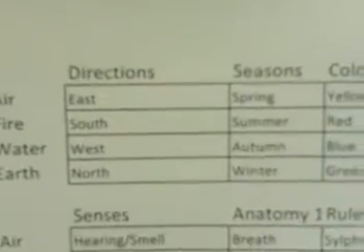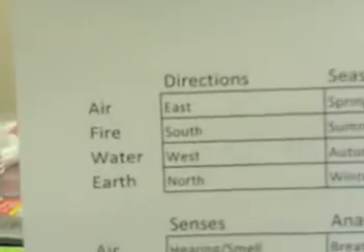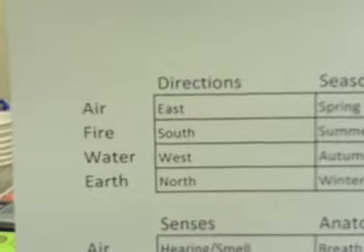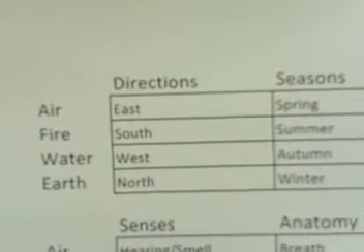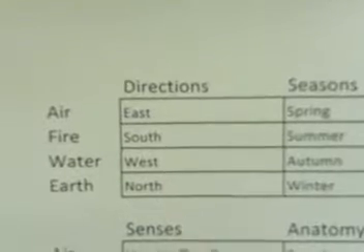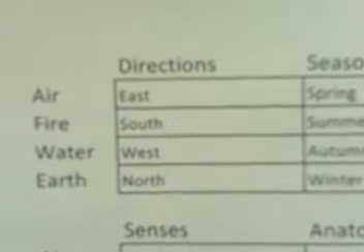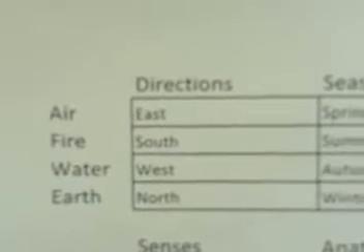Some of them are going to be pretty obvious. Since we've already talked a little about the elements, the first thing we talk about is directions. The reason the directions are so important to the elements is that when you're in ritual, the first thing you do is call the elements to your ritual, and you call them from their directional origin.